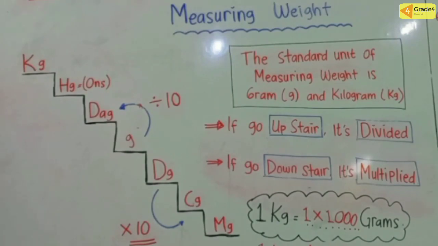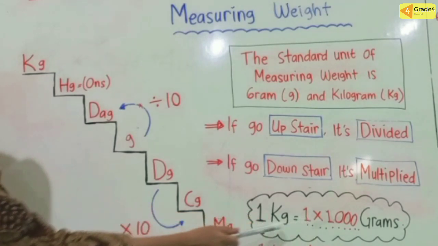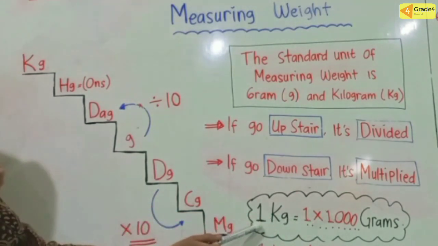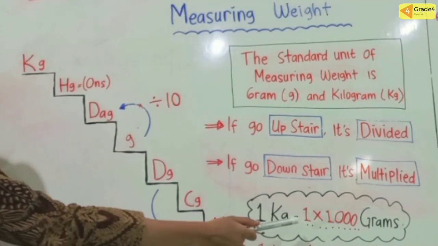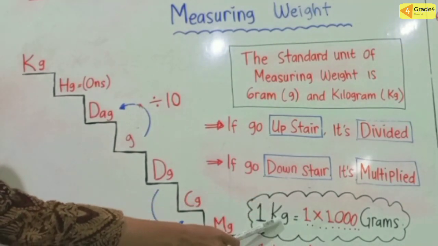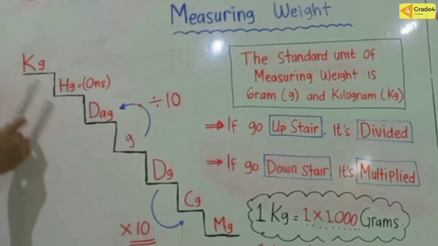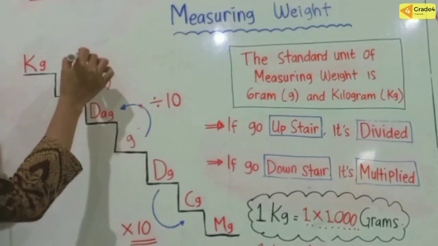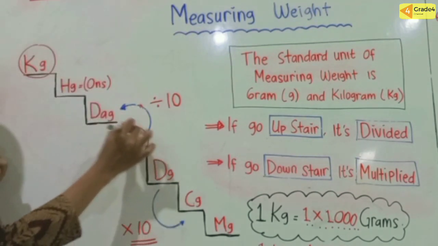So you must write 1 at first, because that is 1 kilogram, and then kilograms to grams.